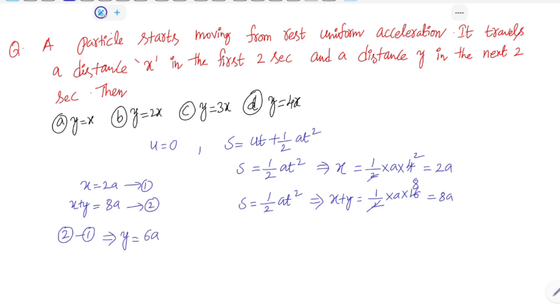Now I got y is equal to 6a, and we already know that x is equal to 2a. It implies y is equal to 3 into 2a. Because y is equal to 6a, I can write y as 3 into 2a. In place of 2a, we can substitute x. Therefore, y is equal to 3x. So the option is y is equal to 3x for this problem. C is the option.